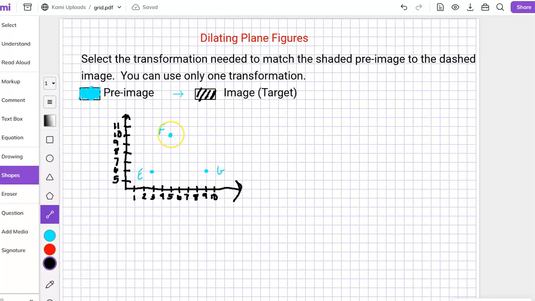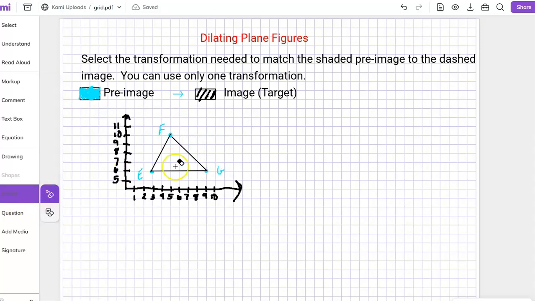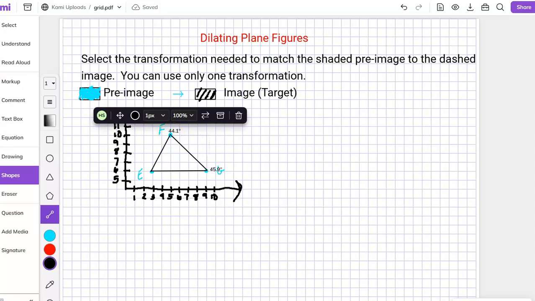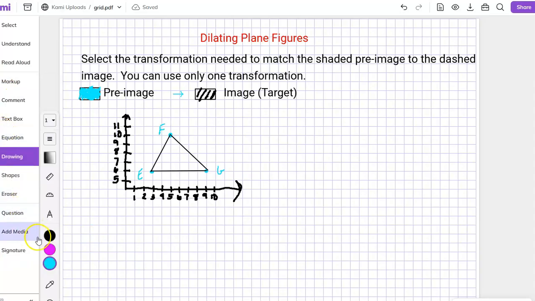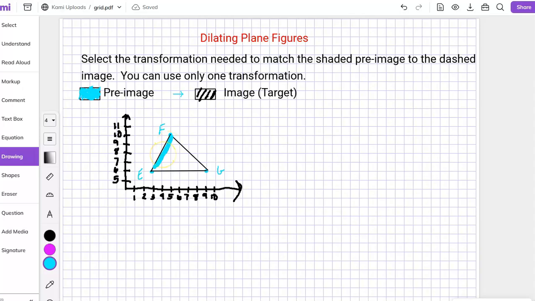So I'm going to go F to E. I'm going to go E to G, and then F to G. I'm actually going to redo that one. Okay, and then I'm going to color in my triangle, because it's supposed to be a solid.